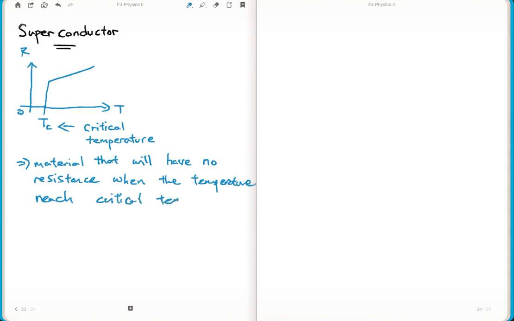Now this is not a characteristic owned by most materials, because normal materials cannot achieve the superconductor state.